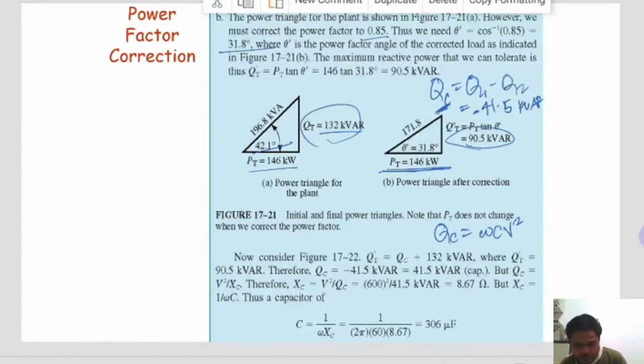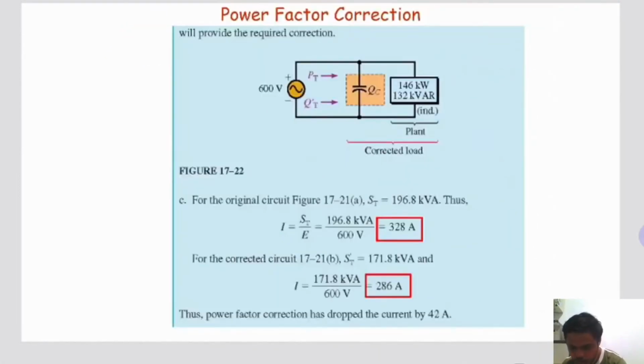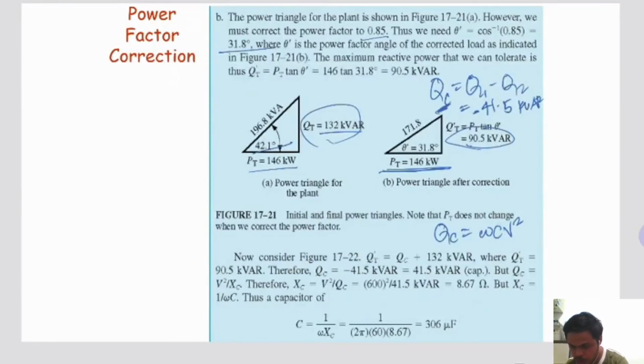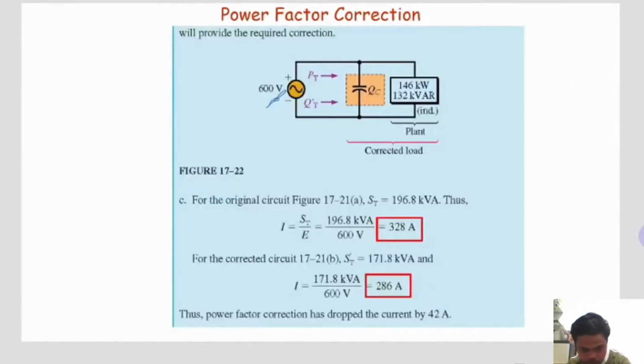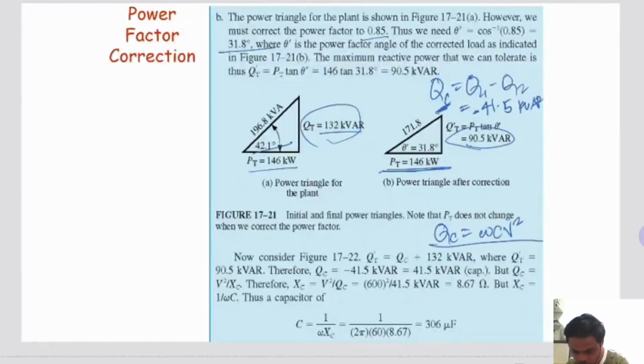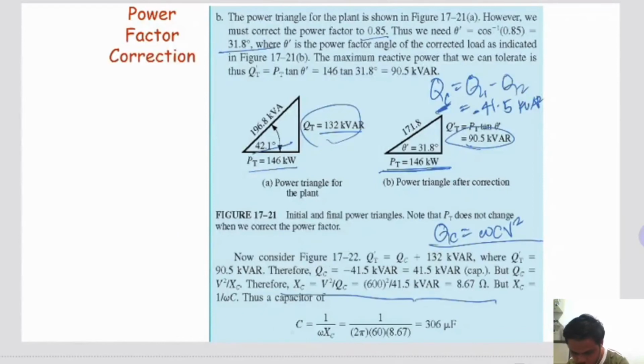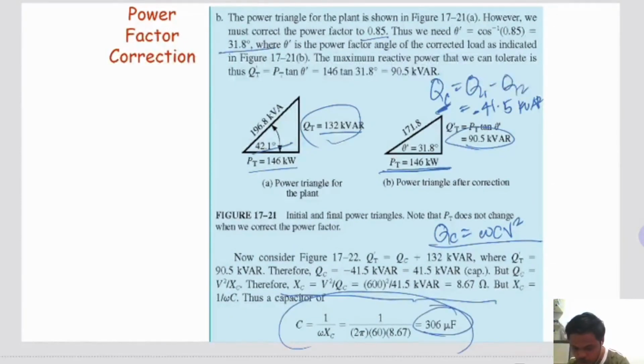So the voltage is equivalent to 600 volts. So just divide this by V squared and we can determine now. So you can either use this formula or you derive the XC, then determine the required capacitance in the circuit. So the required capacitor is 306 microfarad.